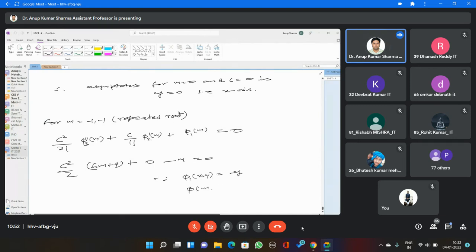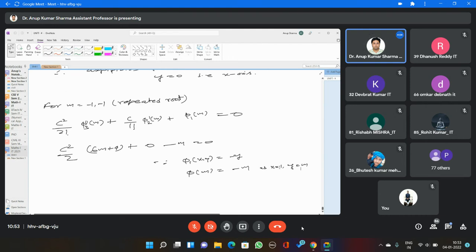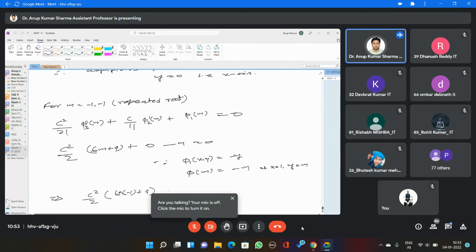So phi of m is equal to minus m, as taking x is equal to 1 and y is equal to m. Now you will have to simplify and calculate the value of this c. So after that you just make it c square upon 2. You take m is equal to minus 1. 6 into minus 1 plus 4, and plus minus minus is equal to 0.